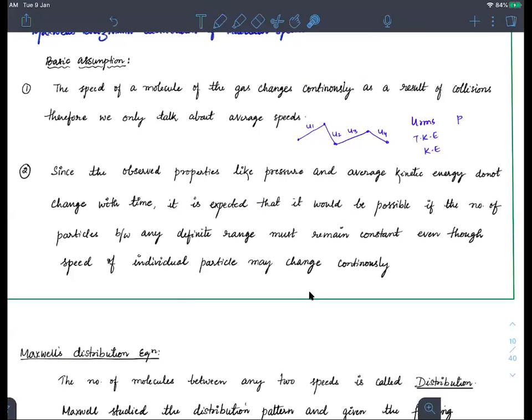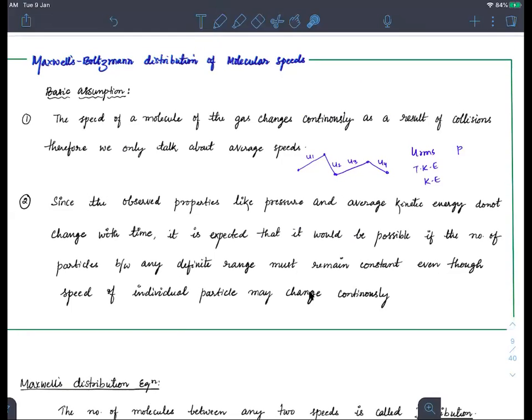So it is not going to change with respect to time. We will be discussing these terms more than individual speed and so on. These are the important assumptions while talking about Maxwell-Boltzmann's theory.